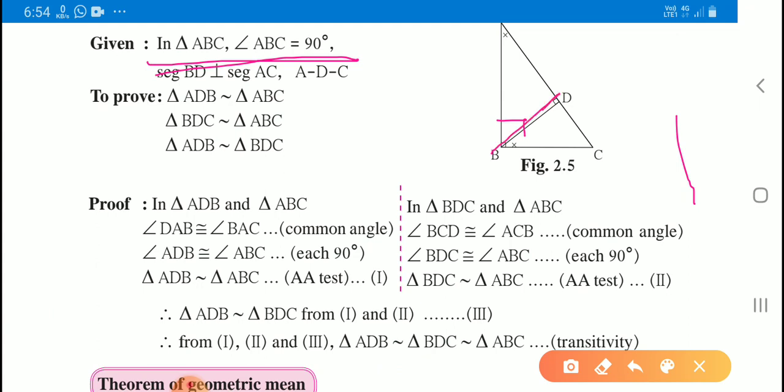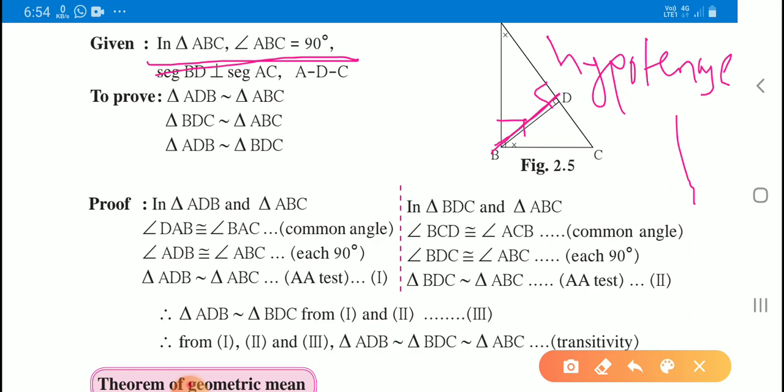Then this BD is perpendicular on this, which is the hypotenuse. On the hypotenuse means segment BD is perpendicular to segment AC. Then A-D-C means D is in between A and C.